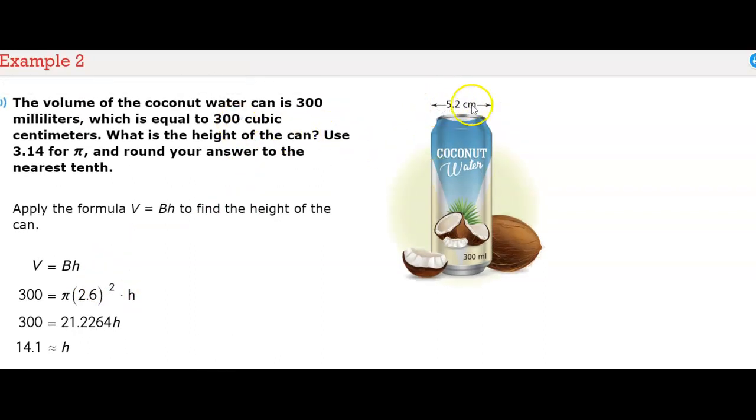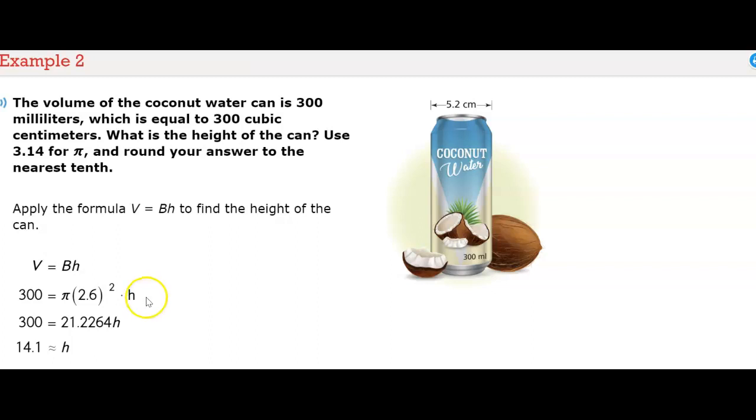They show us here the diameter of the can at the top is 5 2/10, and so half of that would be 2 6/10. So you square that, and 300 is equal to 21.2264 times height.